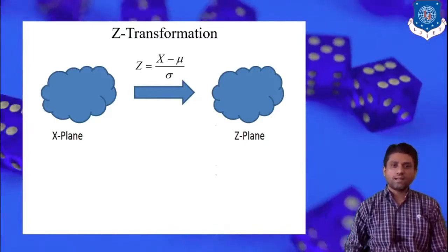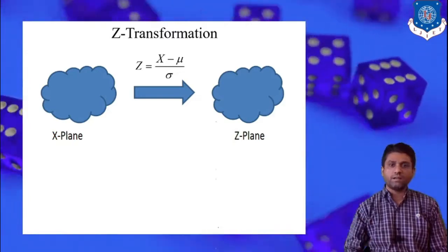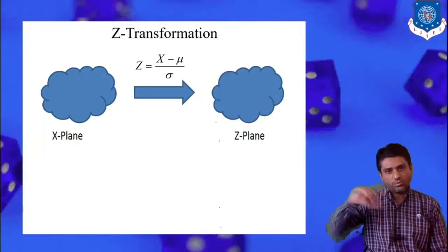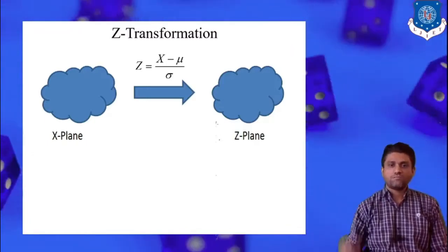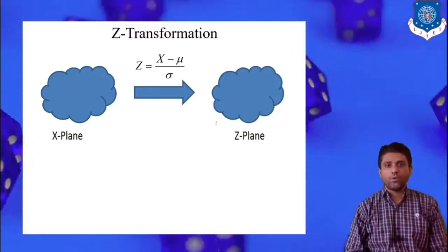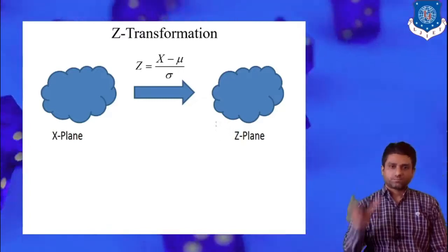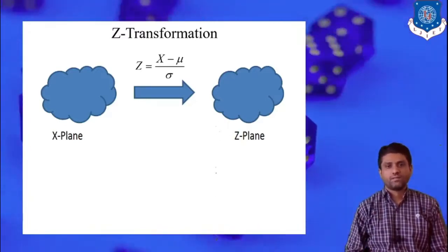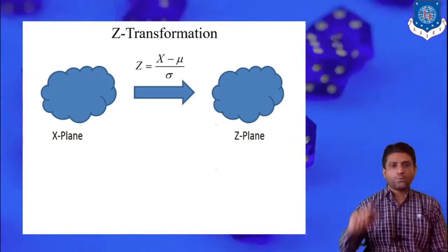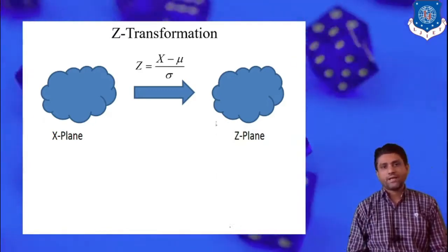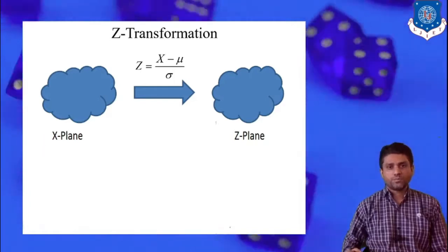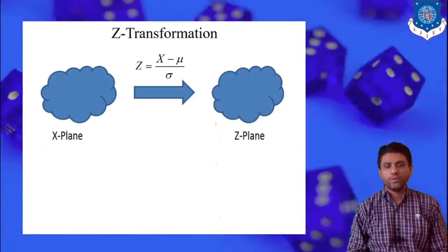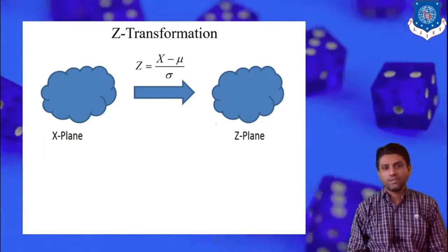This transformation guarantees that the random variable, when transformed into the z plane, has a value of z that falls within the required interval, minus 3 to 3. Again we take the help of the standard normal table to find the probability of z.